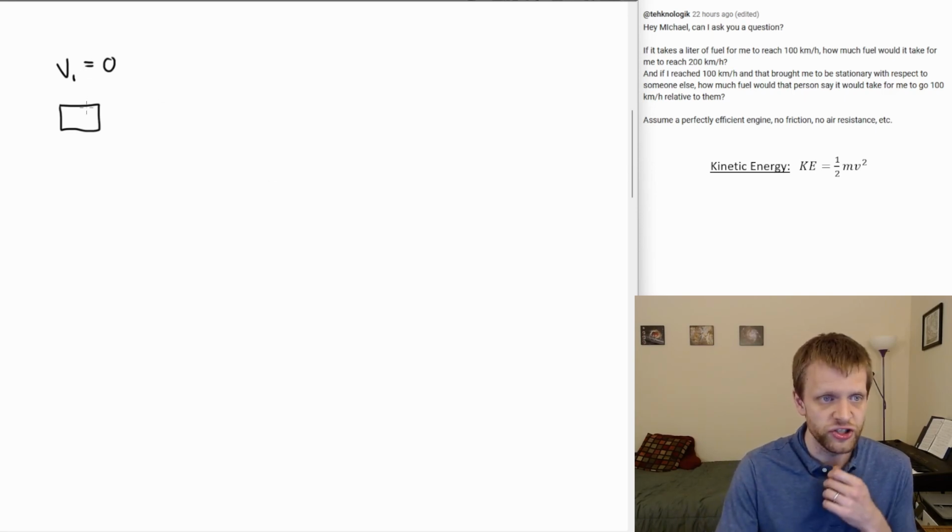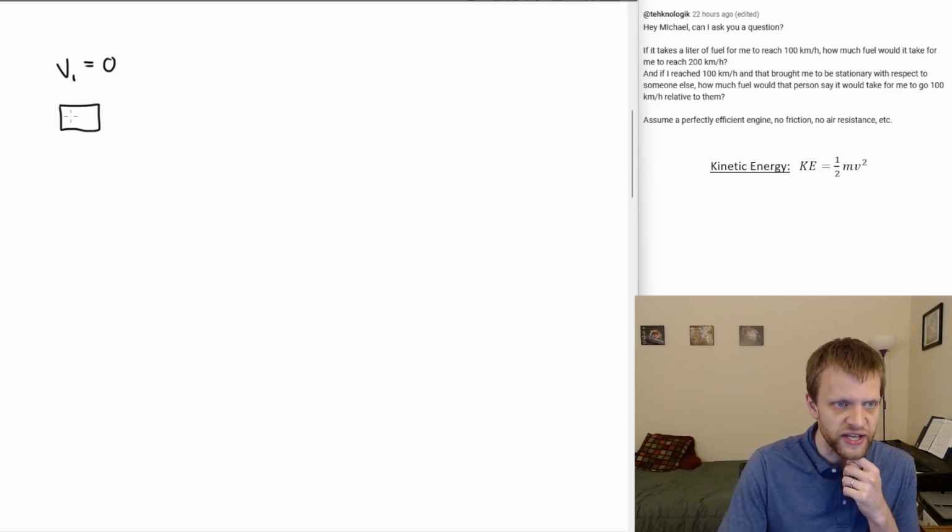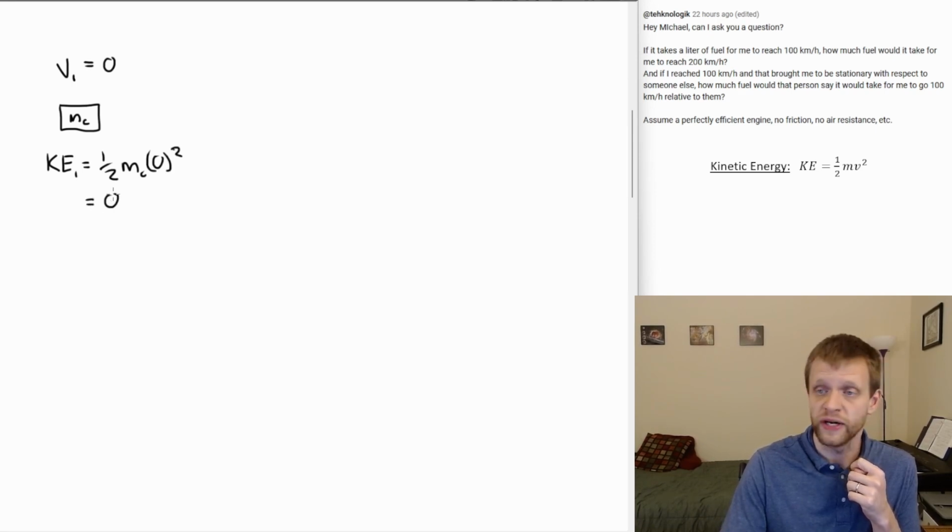So I'm going to start at 0 meters per second. And let's say this has a mass, let's call this just mass of the car, mc. And the kinetic energy that I start with would just be 1/2 times the mass of the car times the velocity squared, but the velocity is 0, so I start with no kinetic energy. Then later, this car is traveling at 10 meters per second.